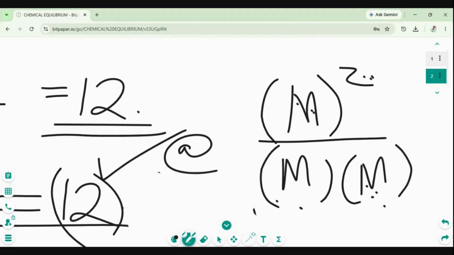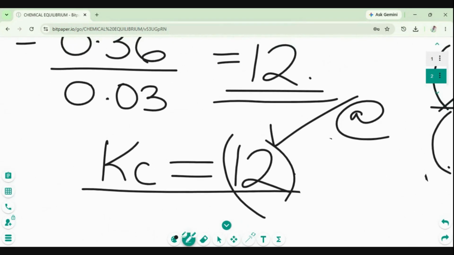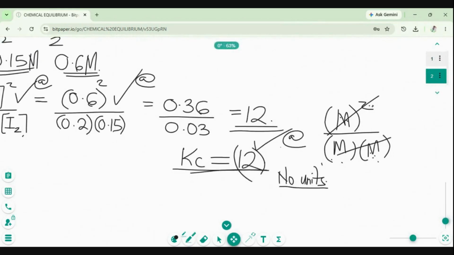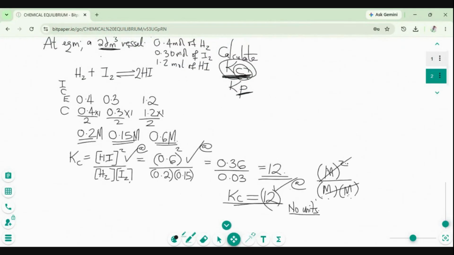Even down, we have m times m. So this goes with this. And finally, this Kc will not have any units. So the answer is this, and we say no units.